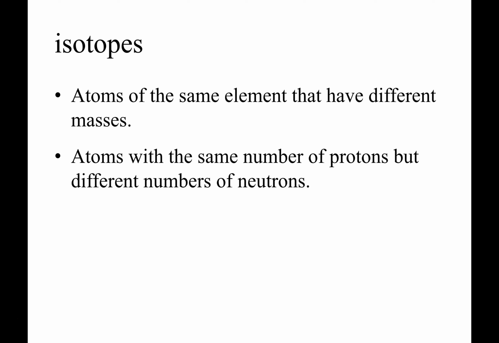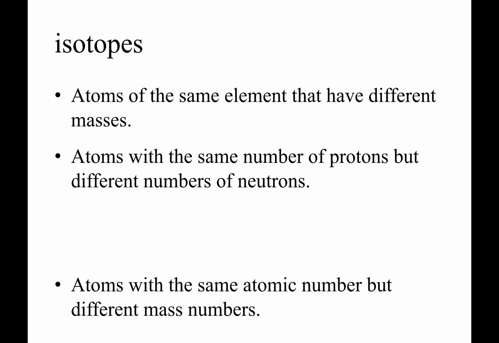They're atoms of the same element that have different masses, different mass numbers. It's kind of like Mother Nature's salt and pepper, the seasoning. That's why you have atoms of the same element with different masses, different mass numbers.